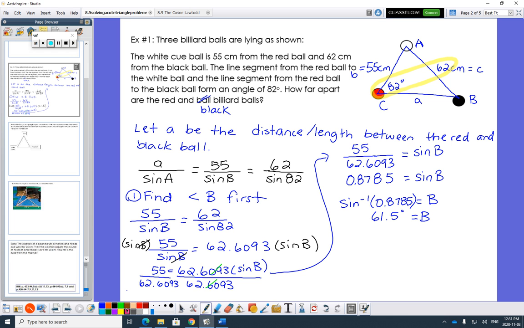What I'm going to do, I'm going to write it up here because it's just one line, so I want to save this room, okay? So now we're going to find angle A. If you want, start labeling your triangle, put in what we found, okay, so that you can see what we have.